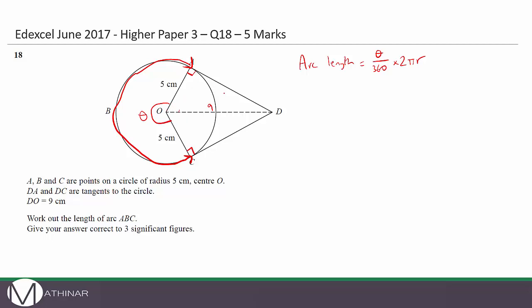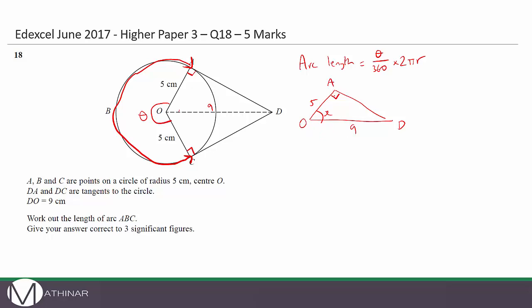Well, if we look here, we have a right-angled triangle, triangle OAD. If I redraw that, we have a right angle at A. So that's 90 degrees. We know that this is 5, and we know that this is 9. So we need to work out this angle. Let's call it x. So using basic trigonometry, we label the sides.